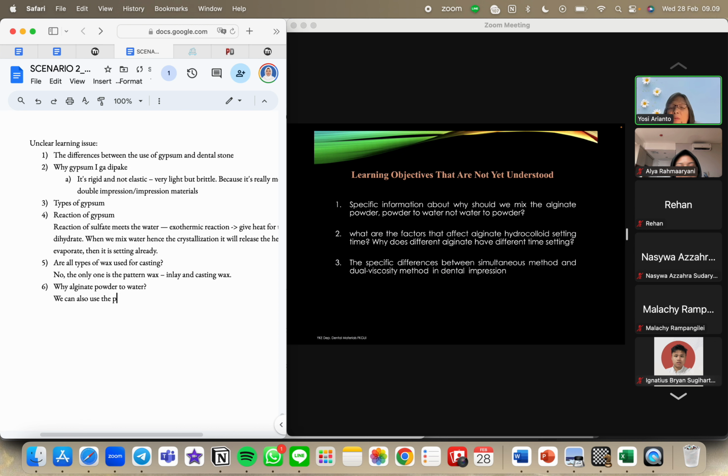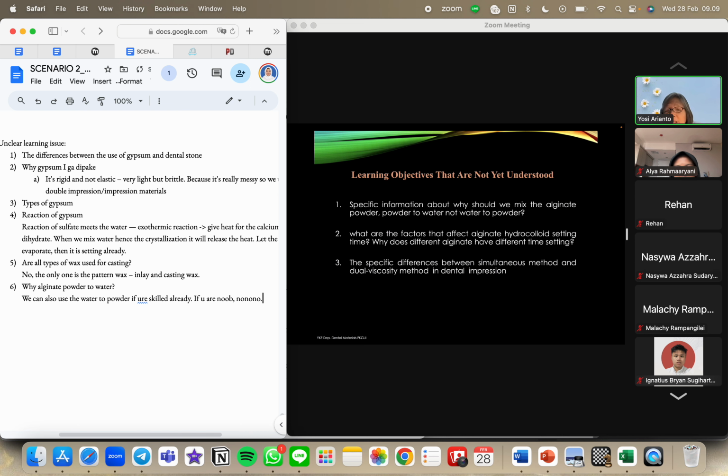Even in my clinic, for the theory, we use powder to water. But if we are already skilled, you can put the powder first, and then add some water.